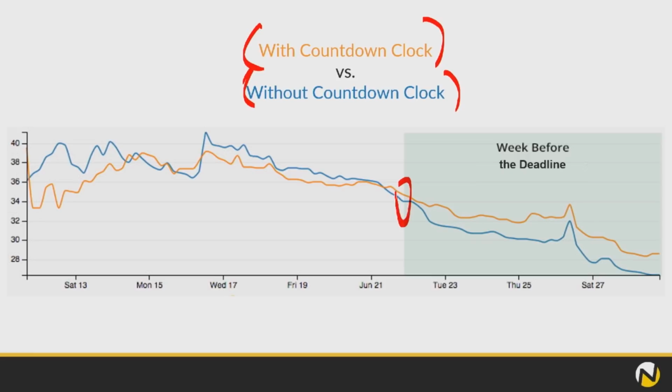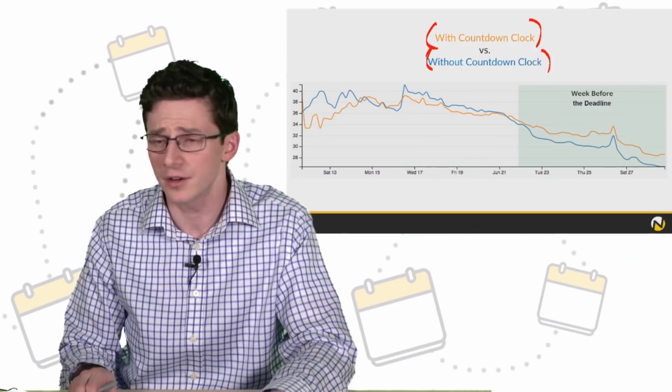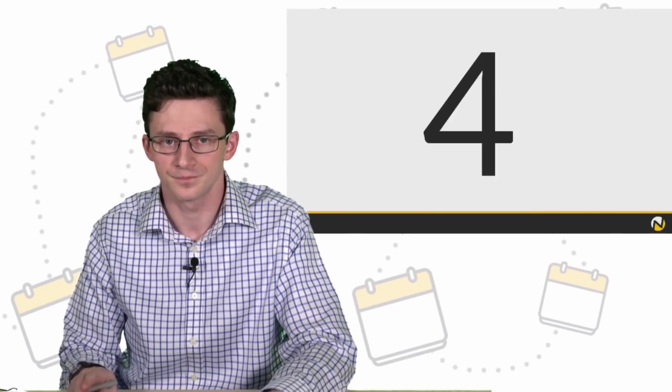But look what happens when you get to those final days. They start tracking together now like a rock formation. The best tests have a rock formation look, where one is on top of the other constantly. That tells me that there's a little bit of gain to be had there. So if you have the ability, throw a countdown clock on in the last few days, it can only help you, especially on even your general donation page, okay?